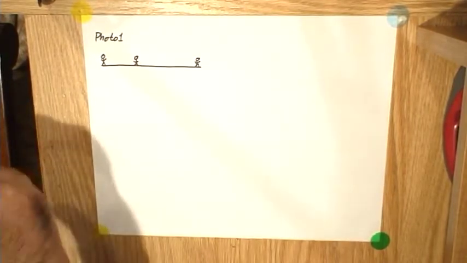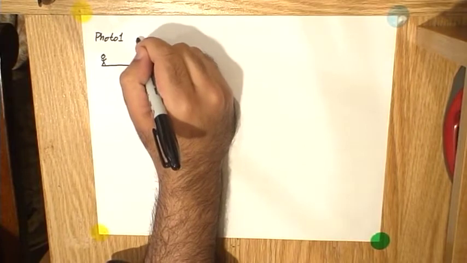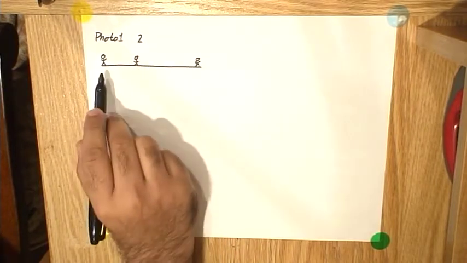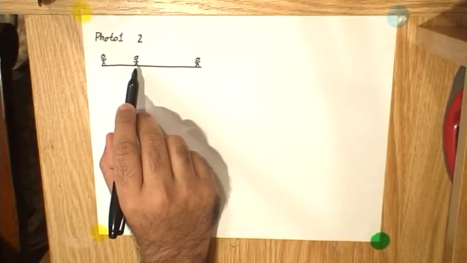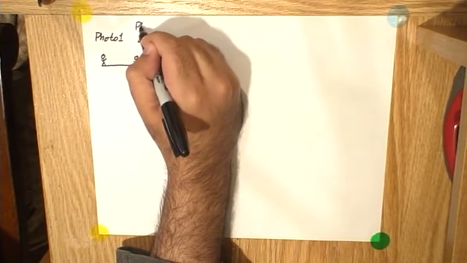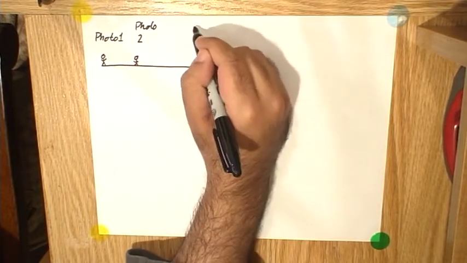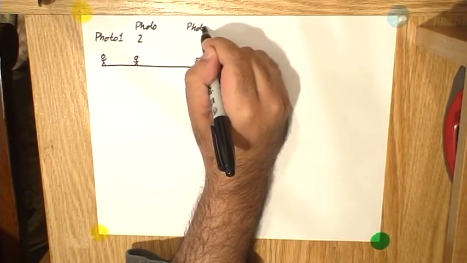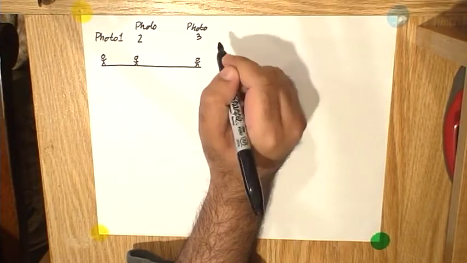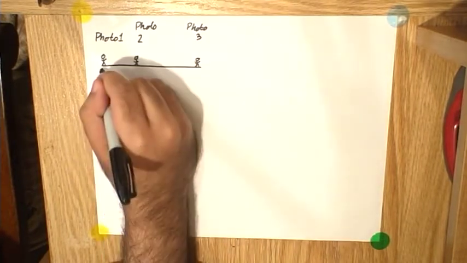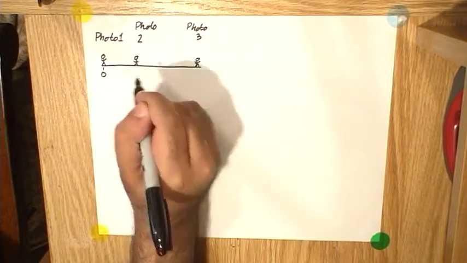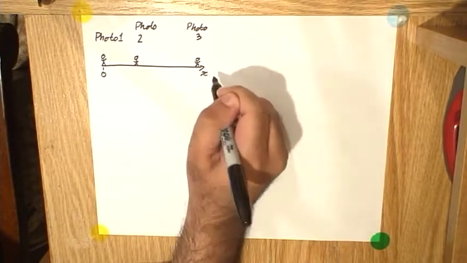His velocity is 0, he isn't moving yet. Photo 2 is when he hits his stride and reaches his top speed. And photo 3 corresponds to when he finishes the race. I'm going to set the origin as his starting point. I'll set rightwards as being x.